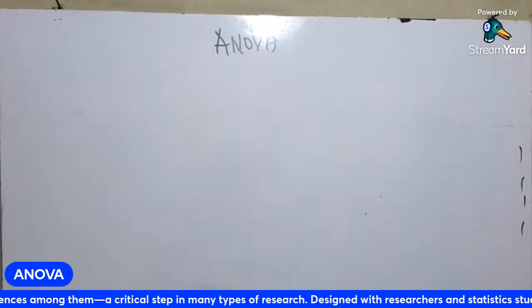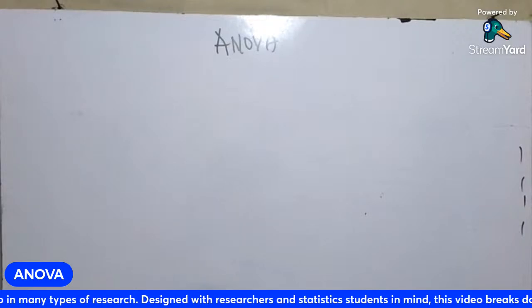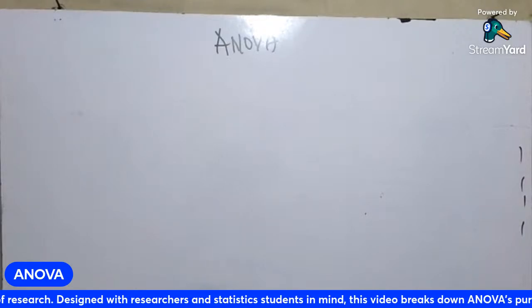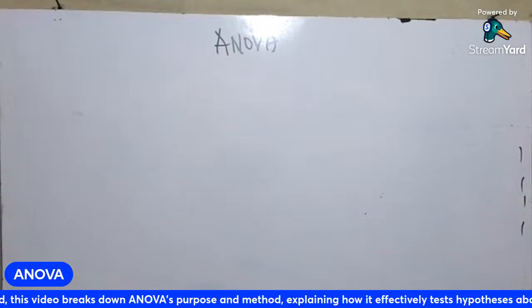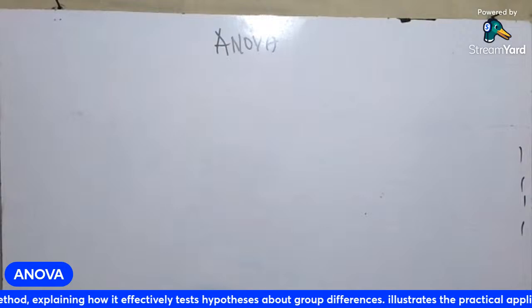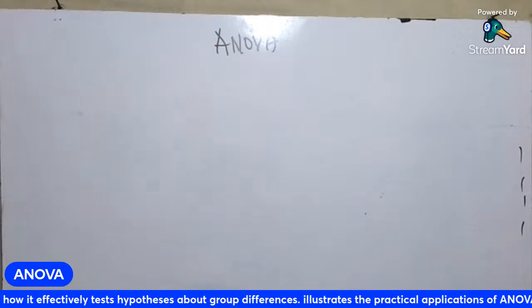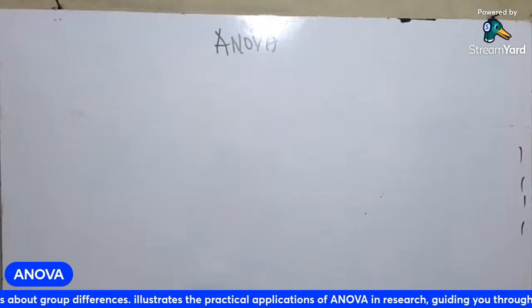So what is ANOVA again? I've said the full meaning of ANOVA is analysis of variance, and it is an inferential statistical test. It's an inferential statistical test that we use to determine if the difference among 3 or more sample means is statistically significant.